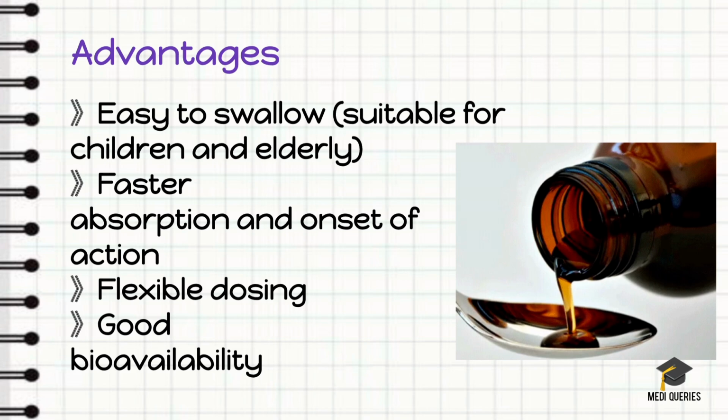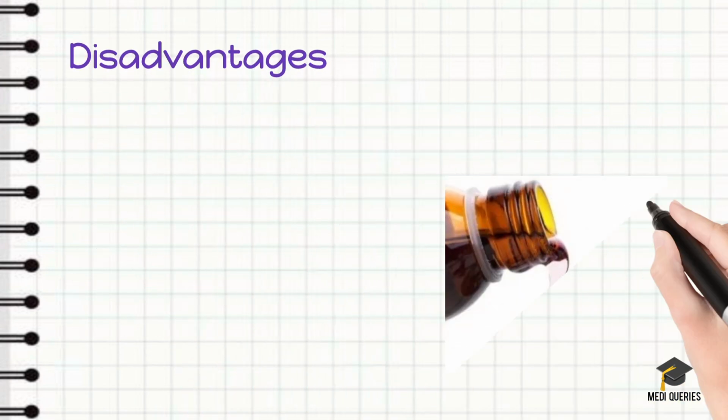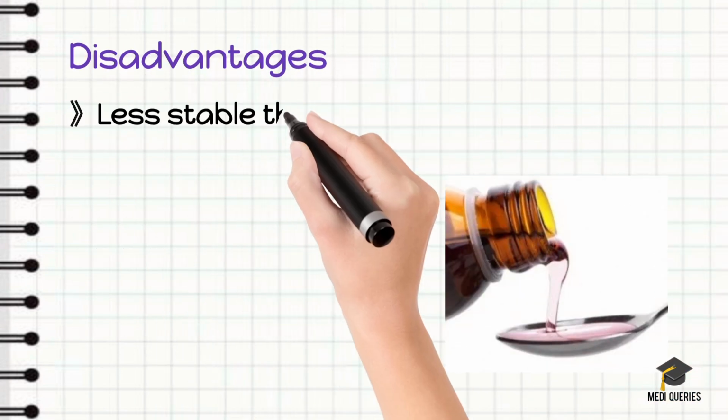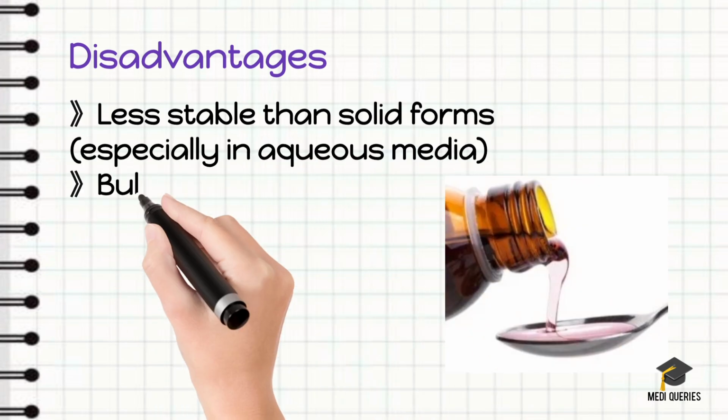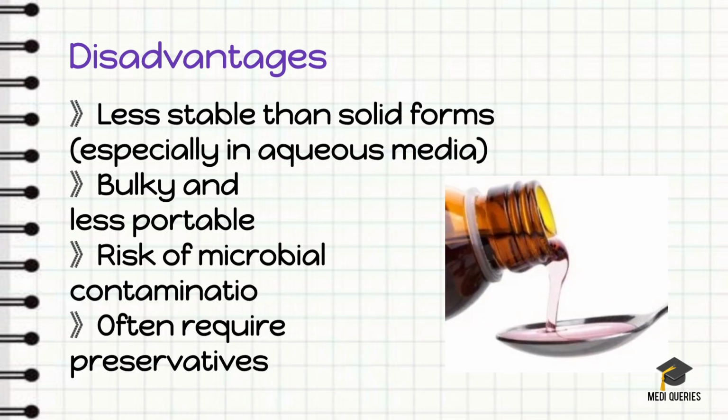Okay, and coming to the disadvantages, it is less stable than the solid forms, especially in aqueous media, and it is bulky with less portability, which is another disadvantage, and there is a risk of microbial contamination. As these are aqueous dosage forms, they may obviously be prone to microbial growth after some time and during the shelf life.